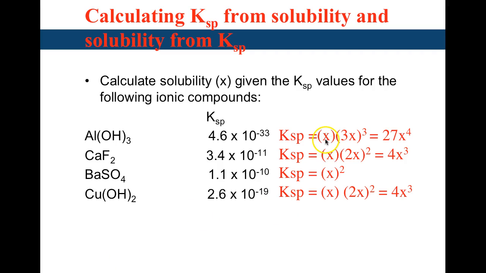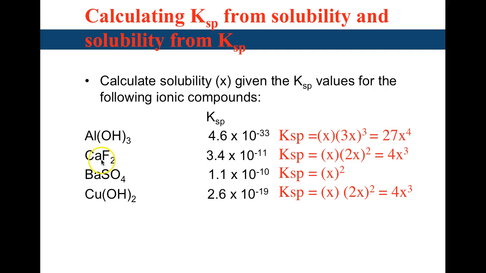You put an X since you don't know what it is. Al(OH)3 is going to split up into one Al3+ and the 3 OH minuses. So X and 3X, but then in the expression the OH is cubed. So 3x cubed times x, that's 27x to the fourth.